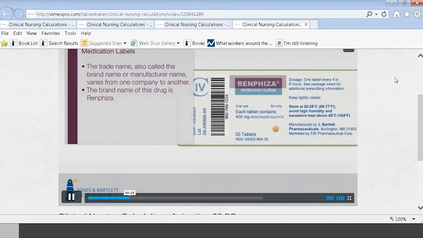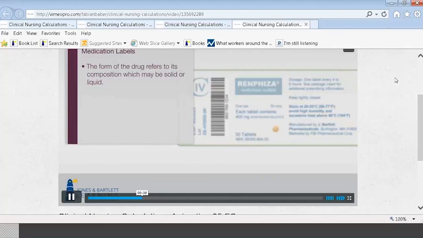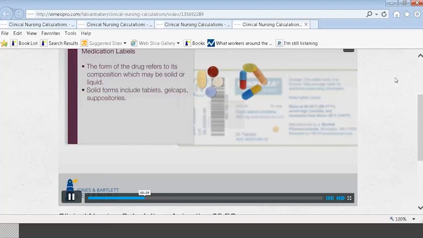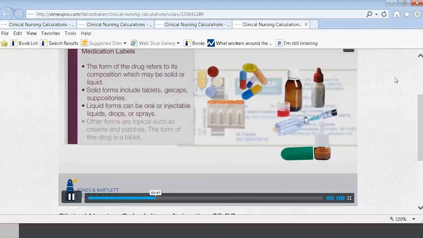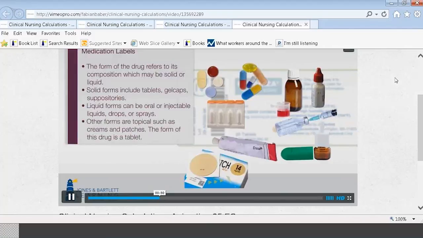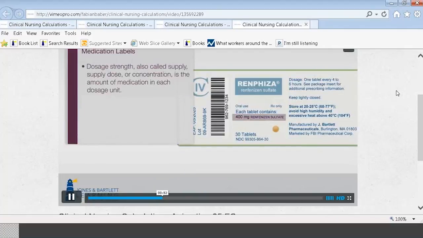The form of the drug refers to its composition, which may be solid or liquid. Solid forms include tablets, gel caps, and suppositories. Liquid forms can be oral or injectable liquids, drops, or sprays. Other forms are topical, such as creams and patches. The form of this drug is a tablet. Dosage strength, also called supply, supply dose, or concentration, is the amount of medication in each dosage unit.